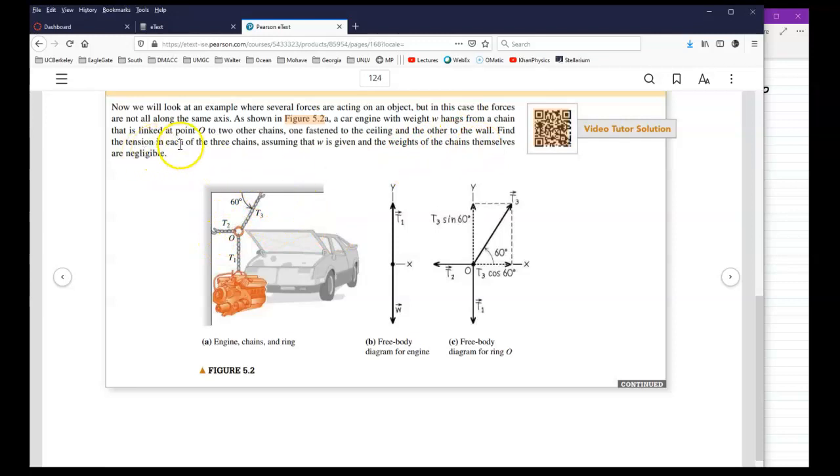Find the tension in each of the 3 chains, assuming that the weight is given and the weights of the chains themselves are negligible. So we're going to neglect the weight of the chain itself. We'll assume they are too small compared to the engine, so we're just going to ignore them. All right. So he wants to know the tension in those 3 chains: T1, T2, and T3. Okay. So watch how I do this problem. I'll do it my own version.